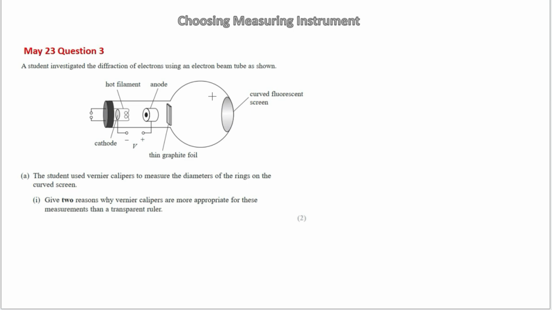Always remember, when you talk about resolution, there is a quantitative approach and a qualitative approach. A smaller value of resolution means the instrument has a higher resolution. So in this context, the vernier caliper has a smaller value of resolution. Therefore, it means a vernier caliper has a higher resolution. I talked about this in great detail in the other basic Unit 3 last minute revision tip video. You can watch that. I think this will be very important if you still have some confusions. So for this one, let's look at the marking points.